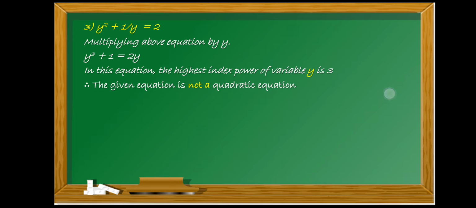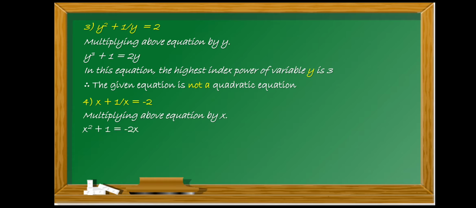We'll see a similar question, question number 4. x plus 1 upon x equal to minus 2. Same as before, we have x in the denominator in the second term. We'll multiply the above equation by x. So the first term will be multiplied, you will get x square. When 1 upon x is multiplied, x will get cancelled, minus 2x. Now we are going to arrange the equation by bringing minus 2x to the left hand side.